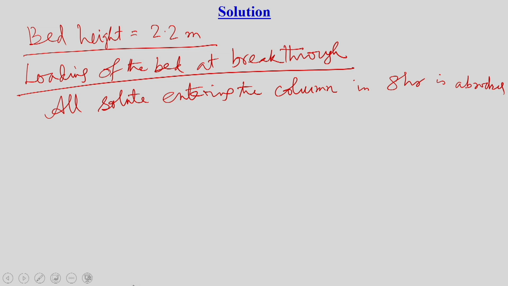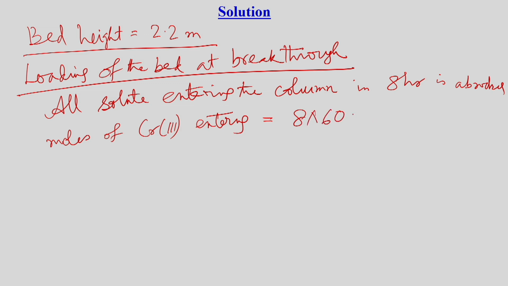The moles of chromium 3 entering is equal to 8 × 60 × Us, that is 0.29 × 1 meter square × 0.11 gram mole per meter cube.